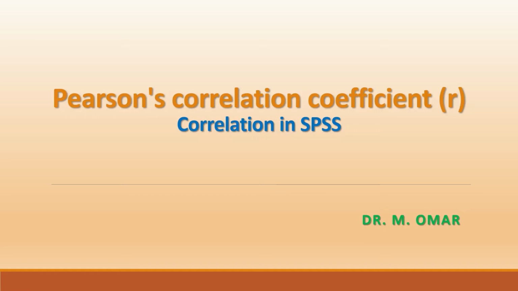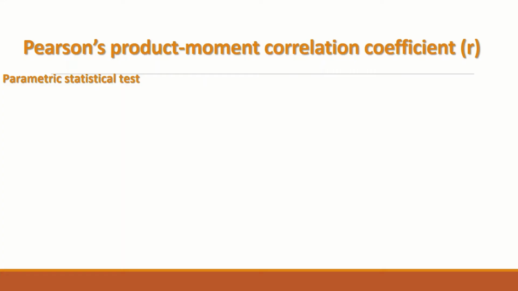Pearson's correlation coefficient, abbreviated as R, or sometimes called Pearson's product moment correlation coefficient, is a parametric statistical test, so it can only be used on data that are parametric.